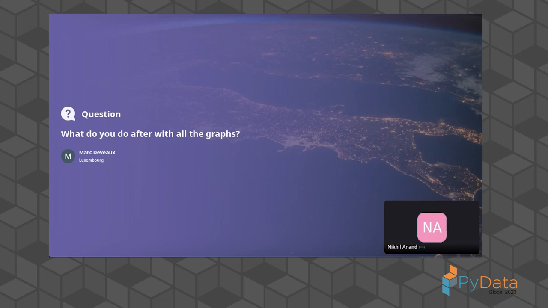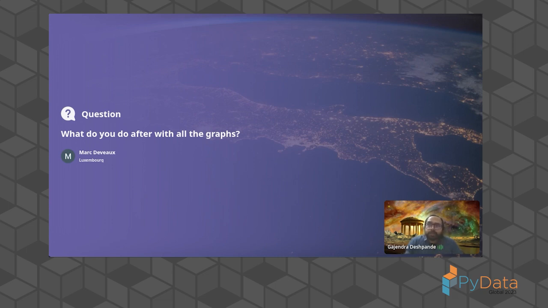Another question for you is, what do you do after with all the graphs? Yeah, so graphs are basically visualization techniques. So it shows what is the relationship between different accounts. So you might have seen in one of our slides that some arrows were darker, some arrows were lighter. So we may ignore some of the lighter arrows, but if we see that the arrow is darker, that means there are more frequent transactions, more amount of transaction is involved, and that may be a possible hint for the investigation officer that there may be possible money laundering.